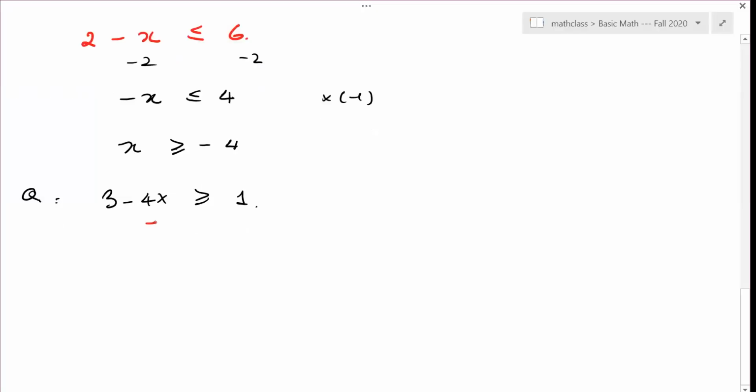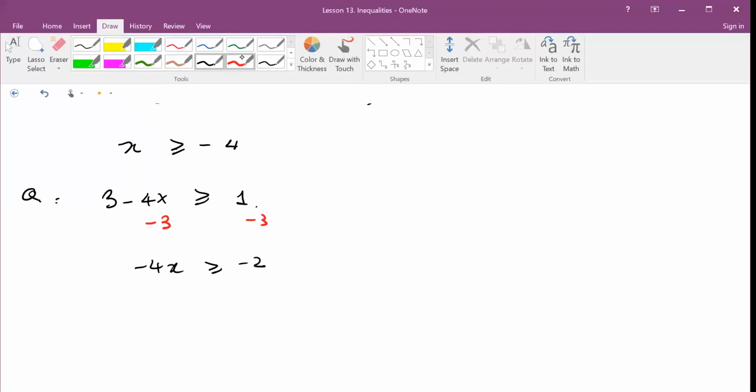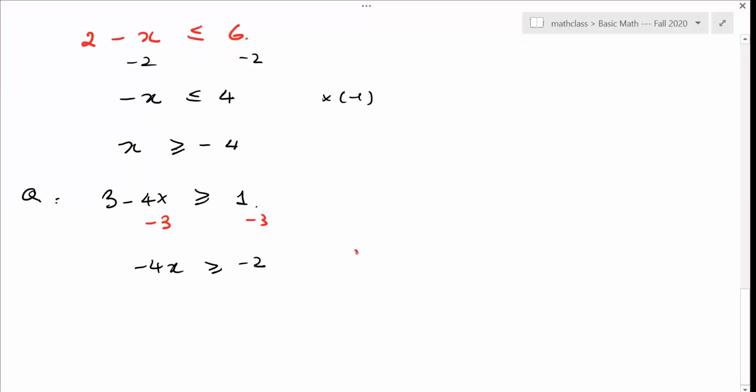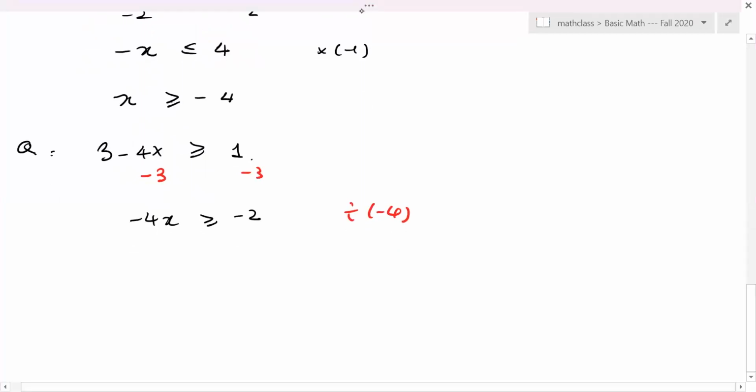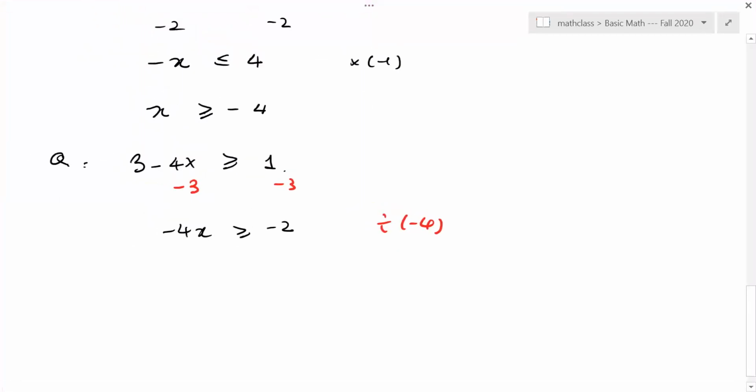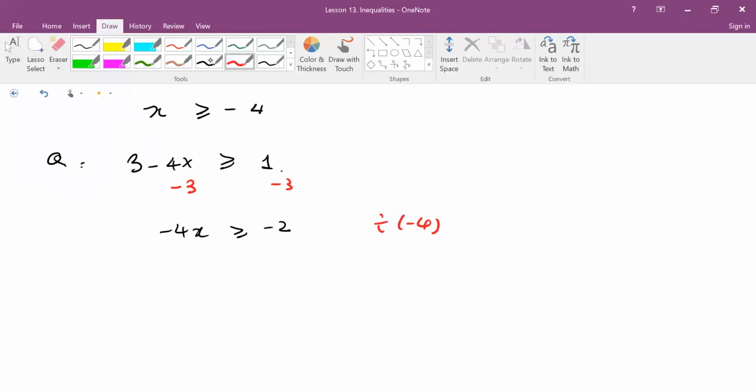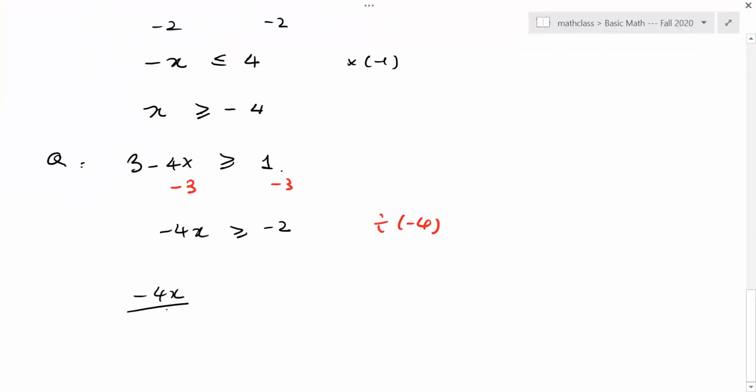So, first of all, you subtract 3 from both sides. You get negative 4x greater than or equal to 1 minus 3, which is negative 2. Then you divide both sides by -4. If you divide by -4, what do you get? Well, you can simplify the left-hand side. So -4x over -4, and then don't forget to change the direction of the inequality.